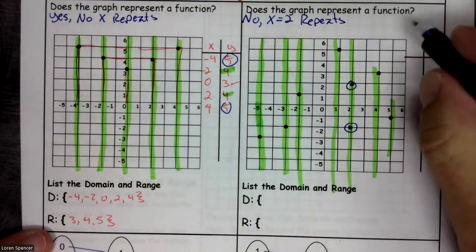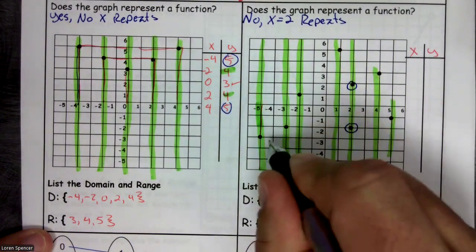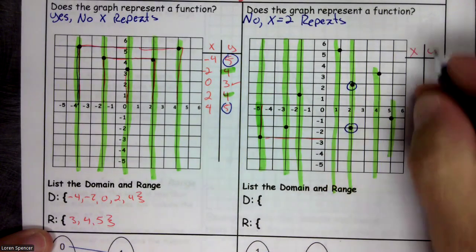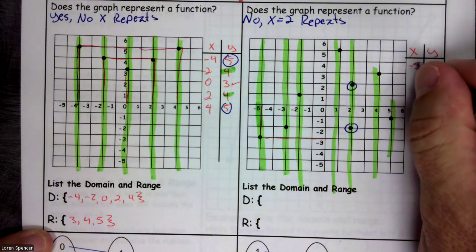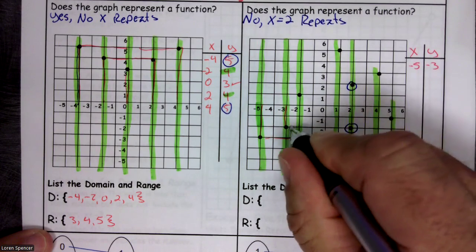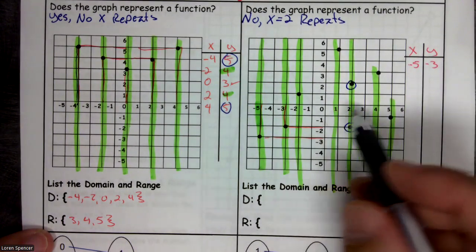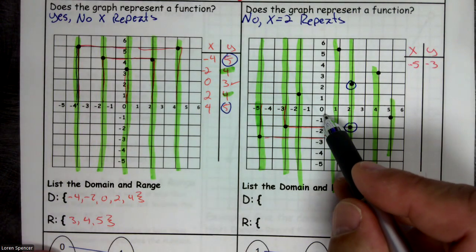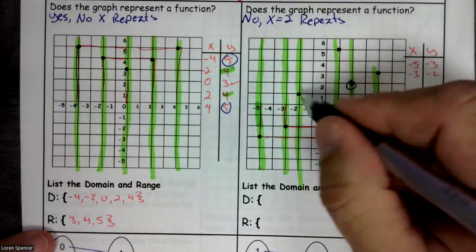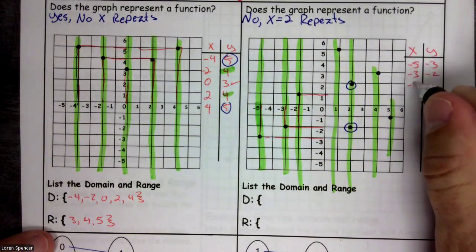So we go back. What are our values so that we can list our domain and range? Well, we have a -5, -1. And by the way, on these the graphs aren't perfect, so you're going to have to count them out. So -3, -1, -2. Then we have a -2, +1.